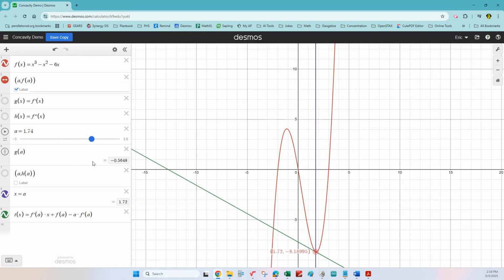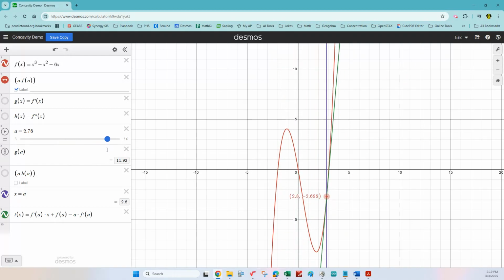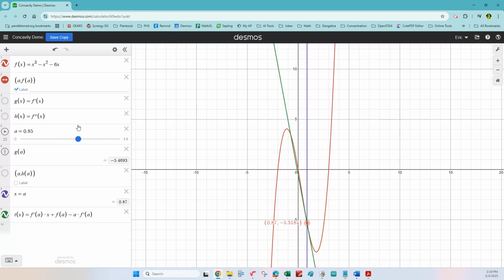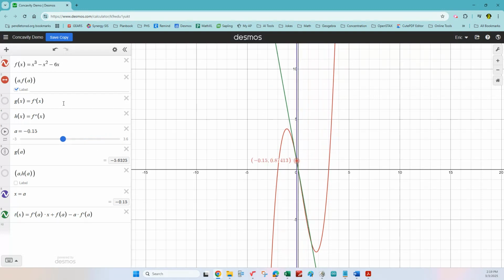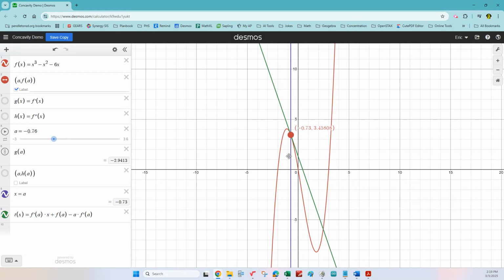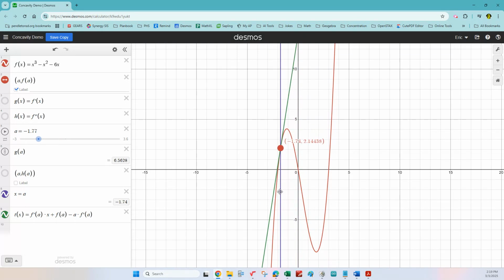Okay, I got a couple other things. I've got a vertical purple line that just helps us keep track of where we are on the x-axis. And then I've got a tangent line that dynamically moves with that point of tangency as we move along. Okay, make sense?